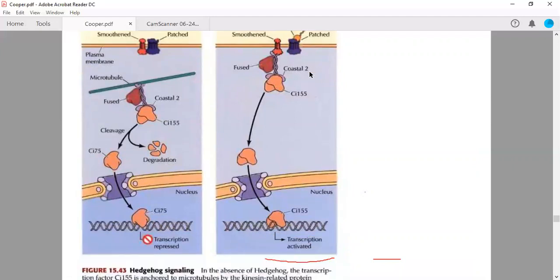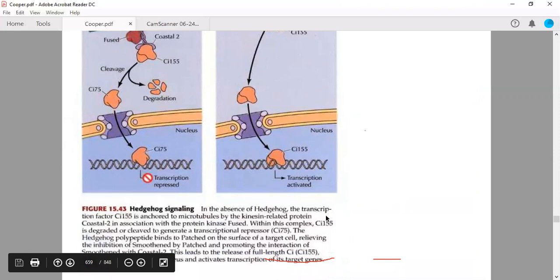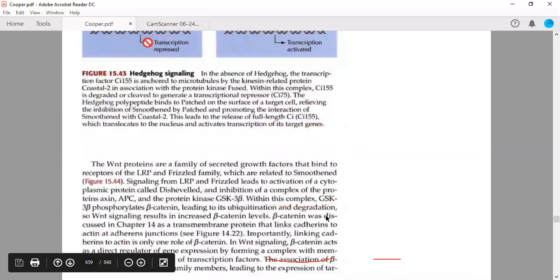The CI155 has another protein in humans, called GLI, and in humans this GLI will go inside the nucleus and activate the transcription of certain genes.